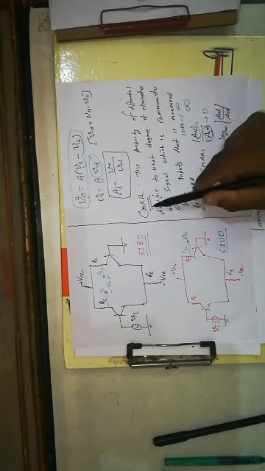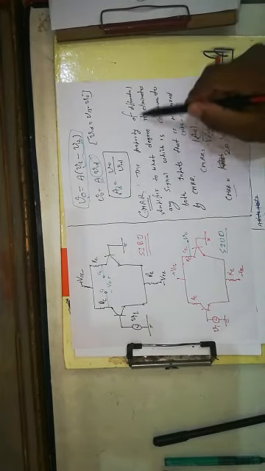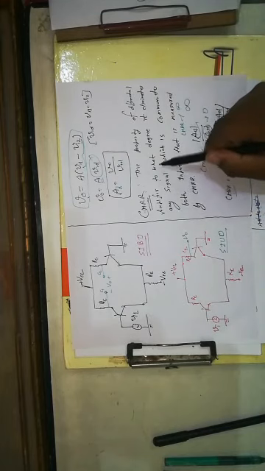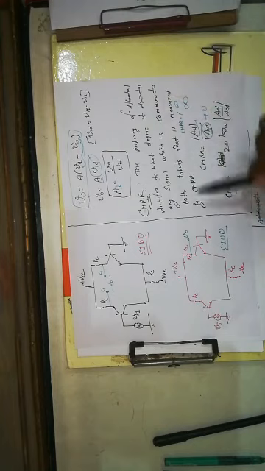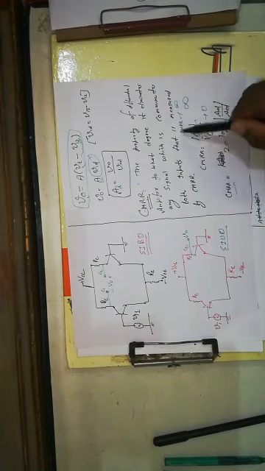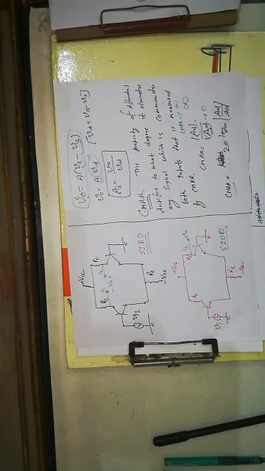Now we will come to our last point, CMRR. CMRR, common mode rejection ratio, is the property of a differential amplifier, measuring to what degree it eliminates any signal that is common to both inputs. So CMRR is a factor which measures how well my differential amplifier is rejecting the common mode.